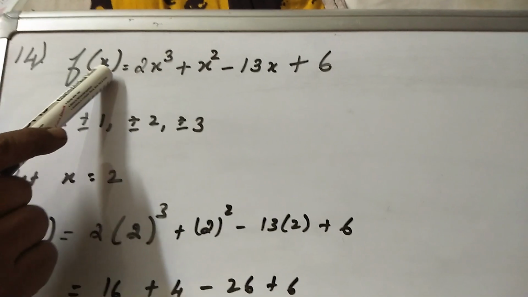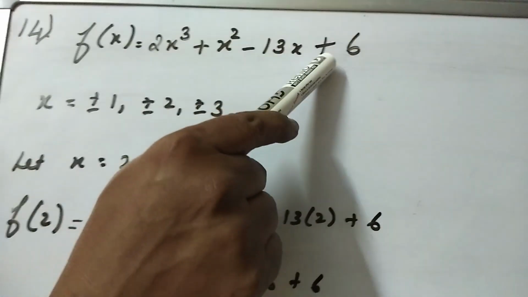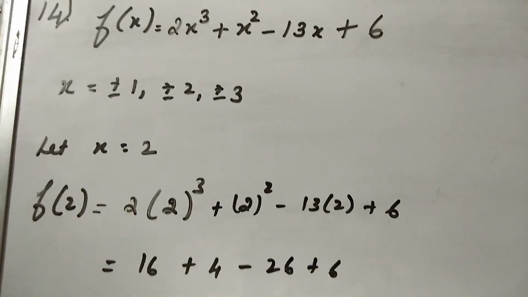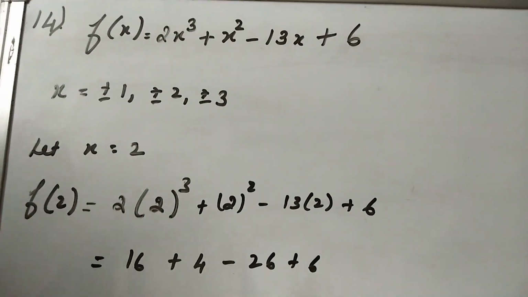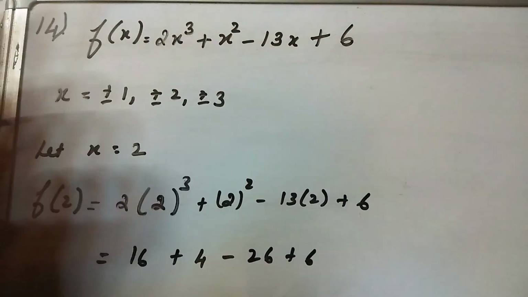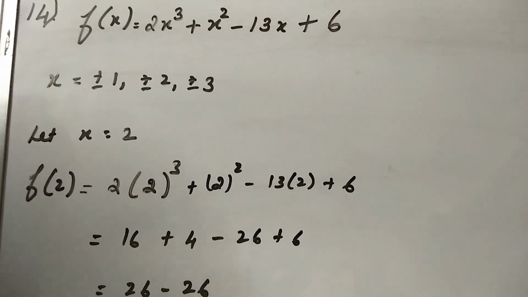It is given f of x is equal to 2x cube plus x squared minus 13x plus 6. Using the remainder theorem, factorize completely. Is any divisor given? No divisor is given, so we have to find the factor.